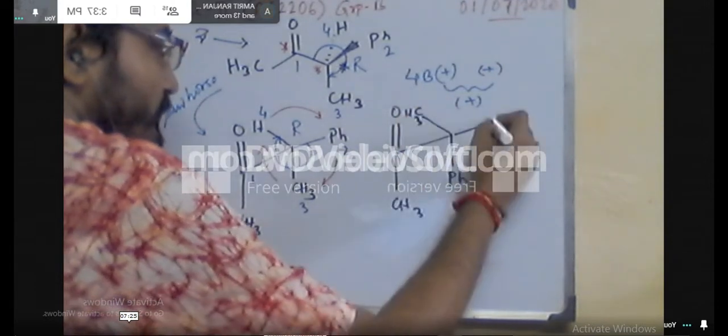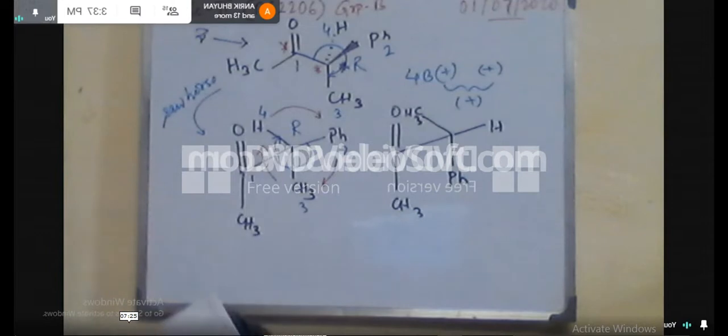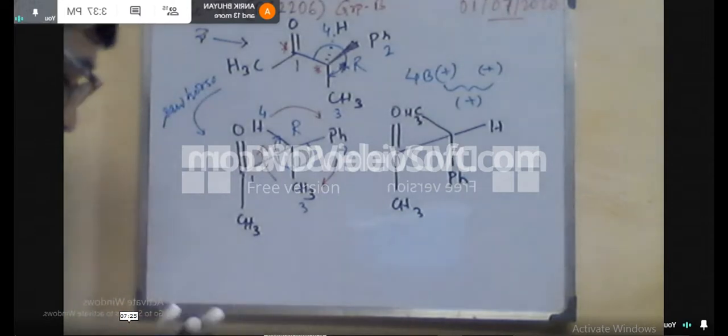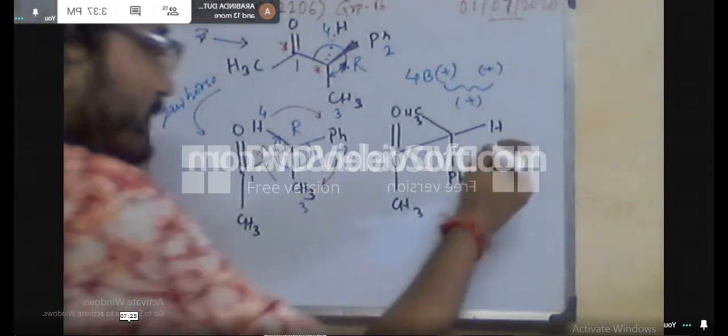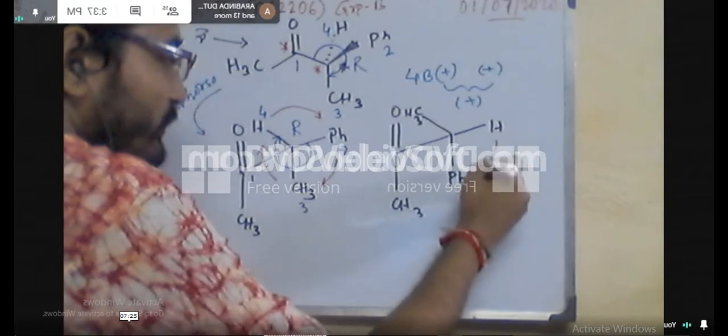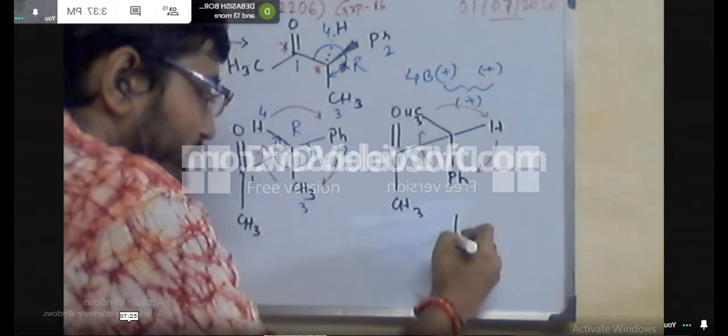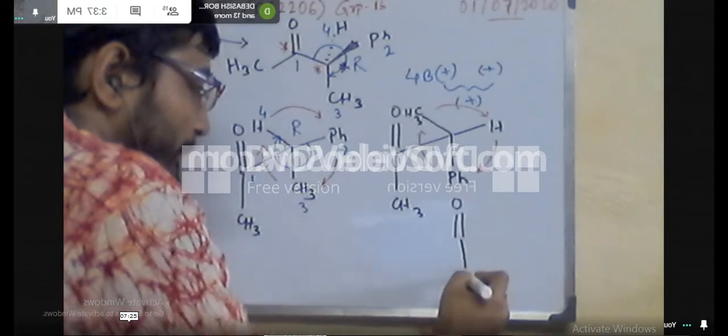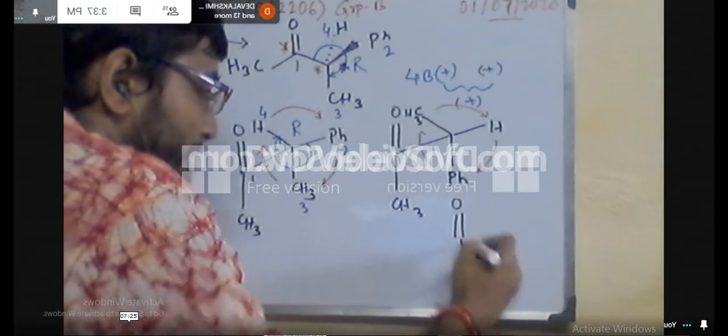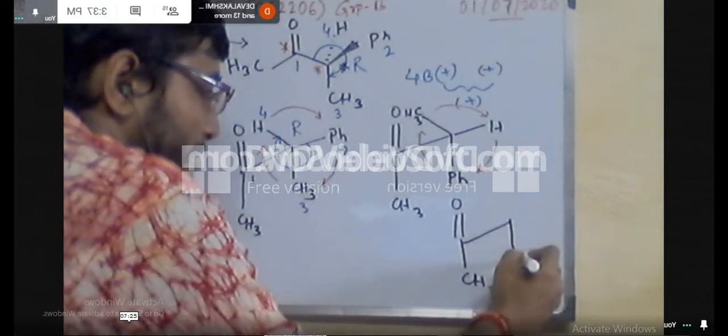So now the conformation looks like this. This is basically a 120-degree rotation, and this is basically a 120-degree rotation. You can check that in each and every conformation the configuration is fixed.